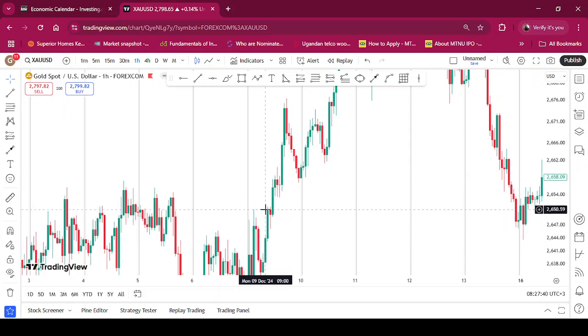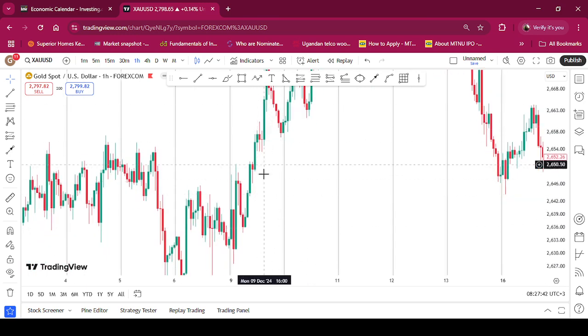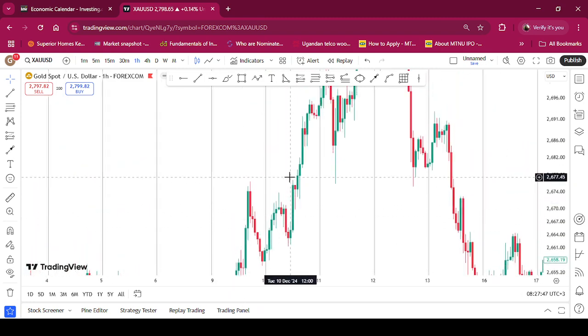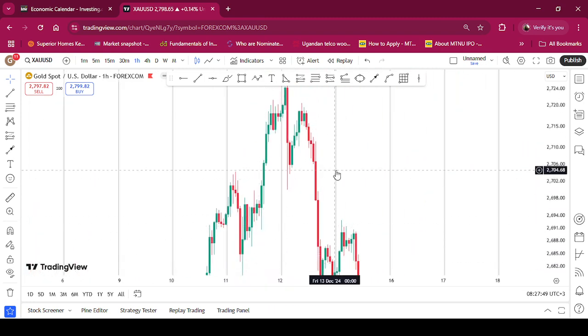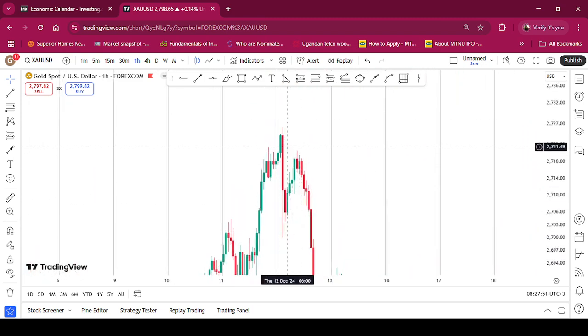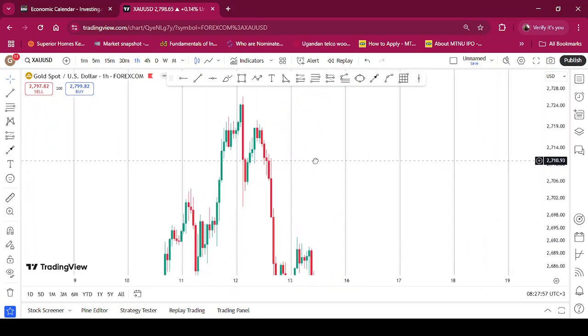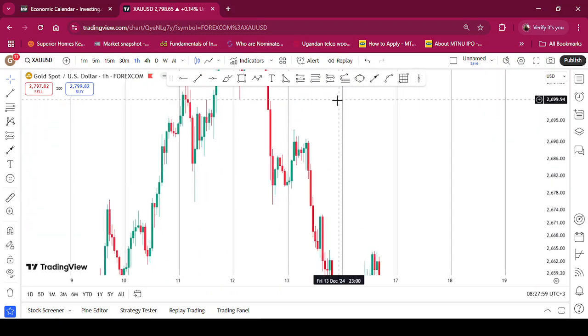which have really poor retracement or really massive inefficiencies. So we had a really good bullish trend on Monday, then Tuesday, then Wednesday, and then on Thursday it grabbed this liquidity, and then a market structure shift, and the market melted on Thursday and Friday.